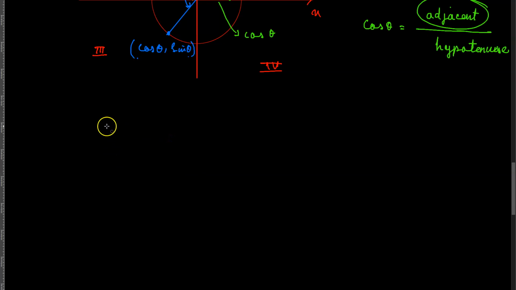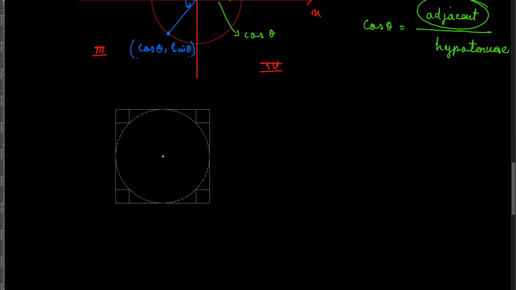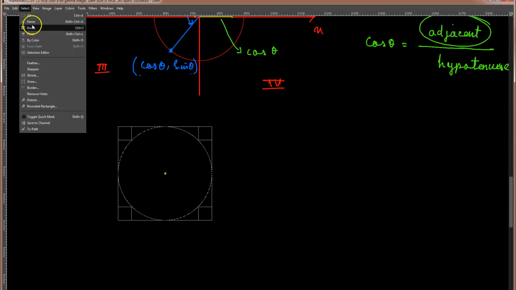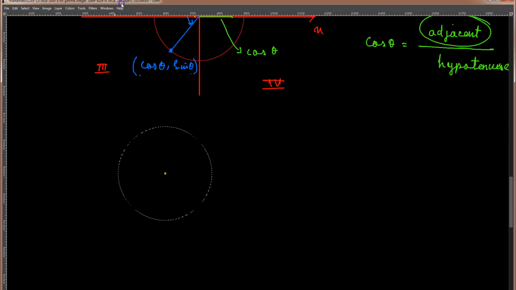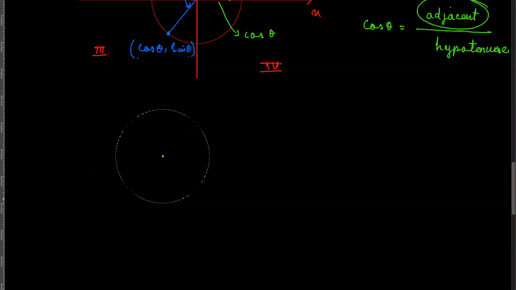Let's see. Okay. So if you have a circle over here, and let's say that you have the circle here, and then I'm going to select the border, and then what was that?